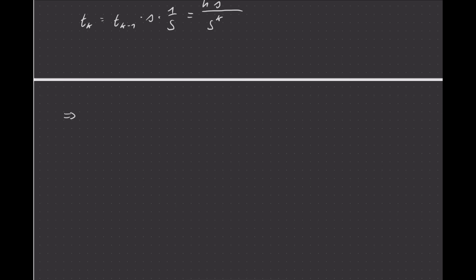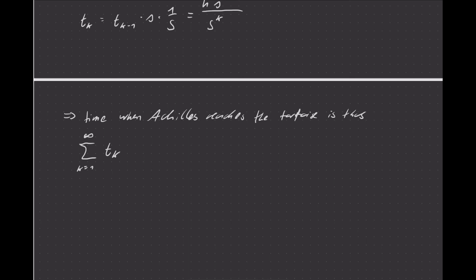So the time when Achilles reaches and then overtakes the tortoise is thus simply the sum over all these tk, k starting at 1 and going to infinity. And as I said, the suggestion of that paradox is that this sum is infinity. And, well, we now have an expression for that sum, so we can find out whether that really is the case.